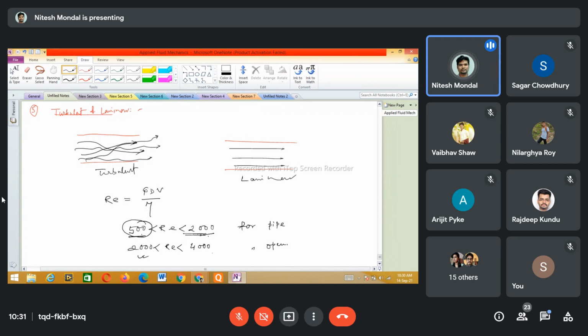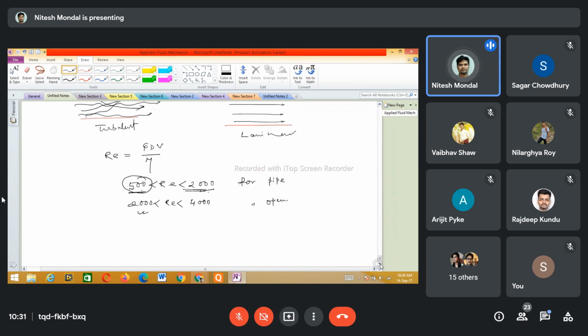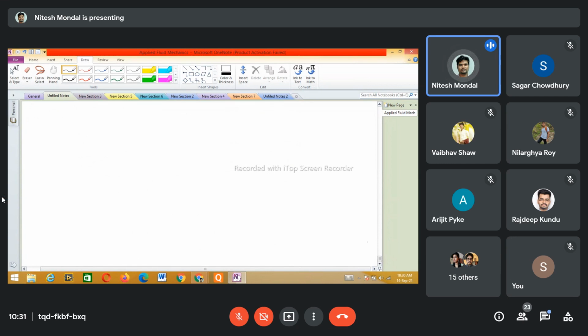Now another classification of the flow is rotational and irrotational. Rotational flow and irrotational flow. In case of rotational or irrotational, what will happen?